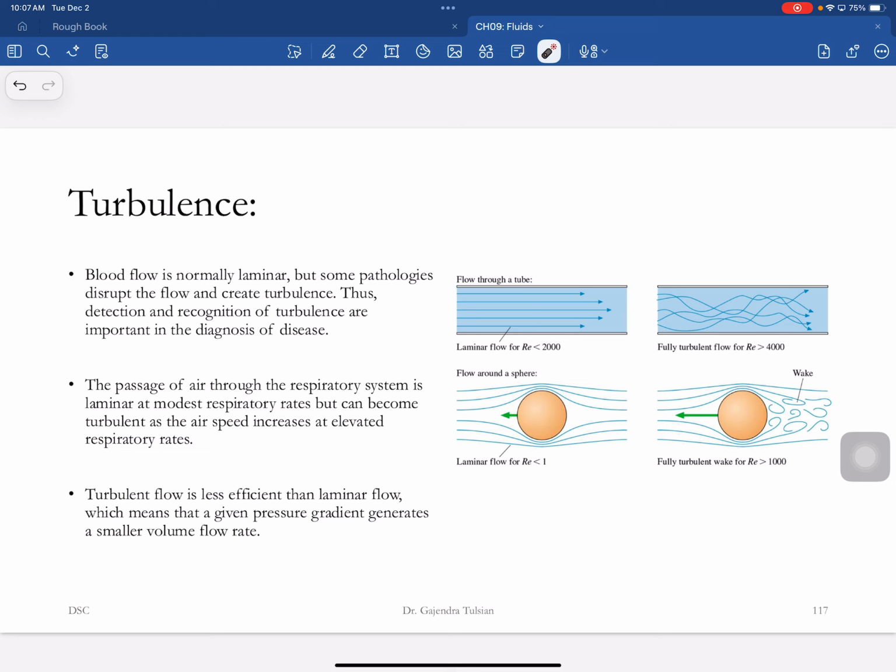And if the flow becomes turbulent, then the flow rate is disrupted. The problem gets worse. You need more air, and because it's turbulent, you're getting less air. So that's bad. Turbulent flow is less efficient than laminar flow, which means a given pressure gradient generates a smaller flow rate.